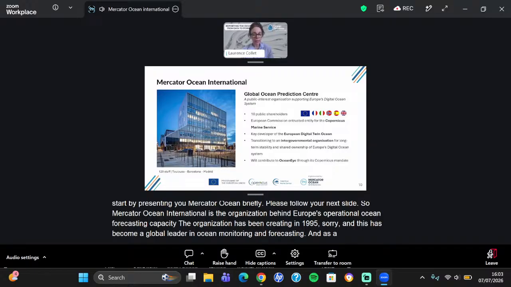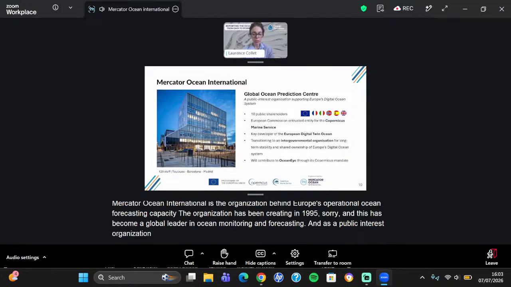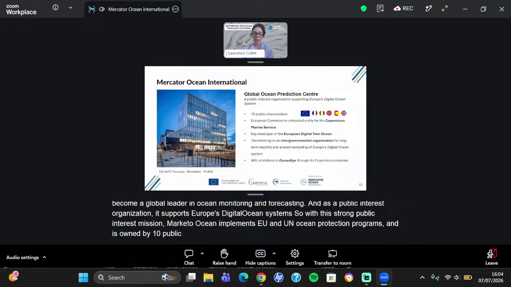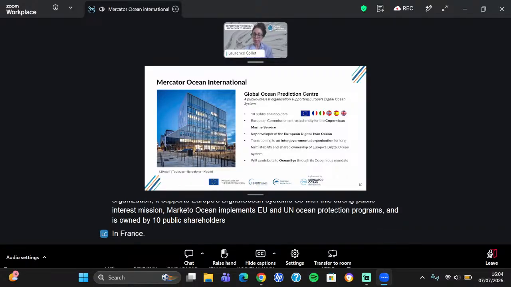And as a public interest organization, it supports Europe's digital ocean systems. So with this strong public interest mission, Mercator Ocean implements EU and UN ocean protection programs and is owned by 10 public shareholders in France, Spain, the UK, Italy, and Norway.